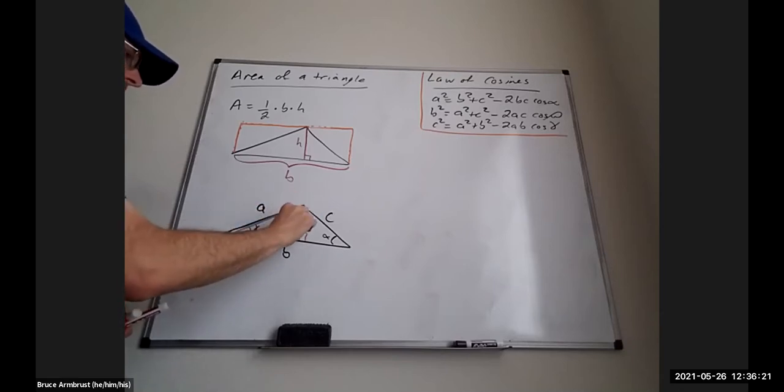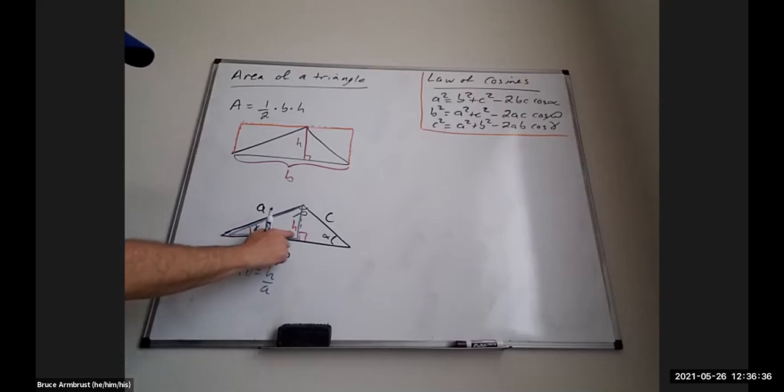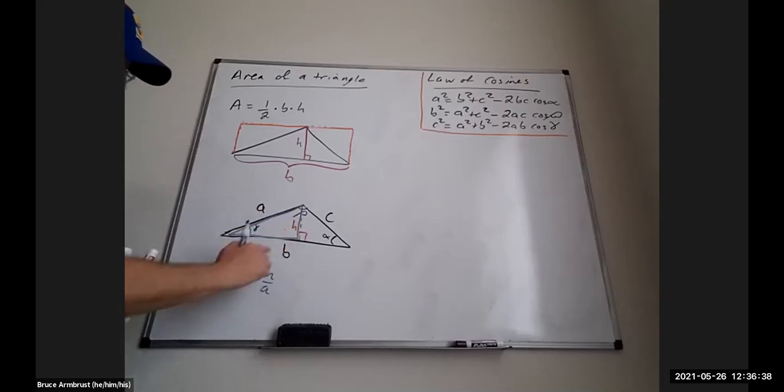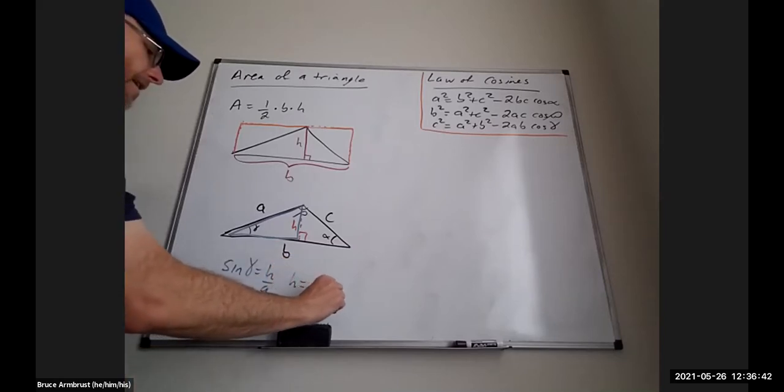I'm going to look at this triangle right here. Thinking about H, what I know is that the sine of gamma is equal to H over A, because it's the opposite side over the hypotenuse in this smaller blue right triangle. So H is equal to A sine of gamma.